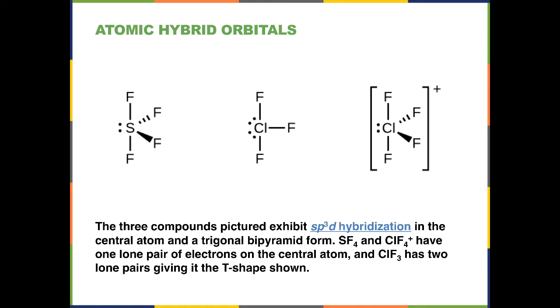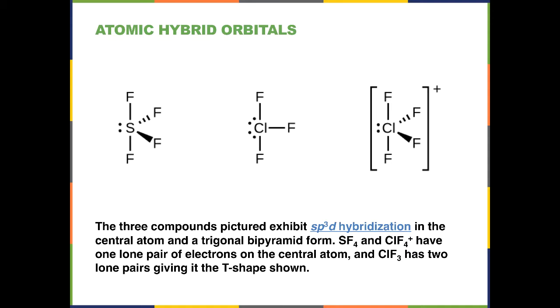Now things can get a little bit more complicated in situations where you have more than four orbitals, and these are exceptions, but they do occur. One hybridization is the sp3d hybridization.